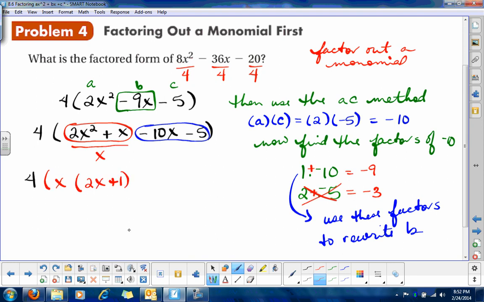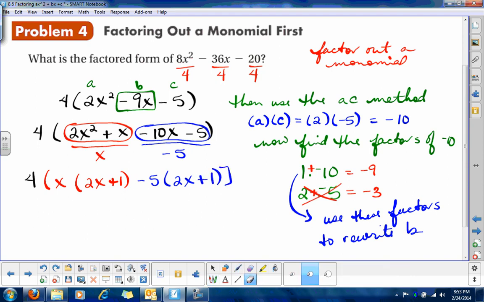And then for the next one, see how I included the subtraction in there? So we can factor out a negative 5, and then what's left is a positive 2x plus 1. Very good. I'm going to go ahead and change this parentheses to a bracket also.